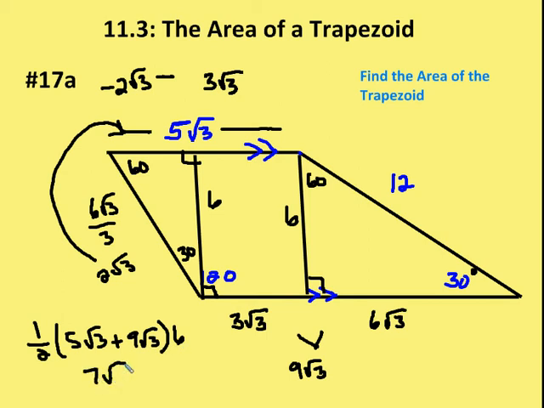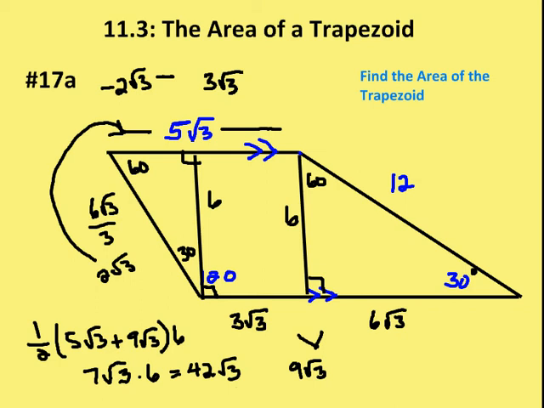So half of 5√3 plus 9√3 is 7√3, which is equal to 7√3 times 6, and that leaves us with 42√3 as your answer.